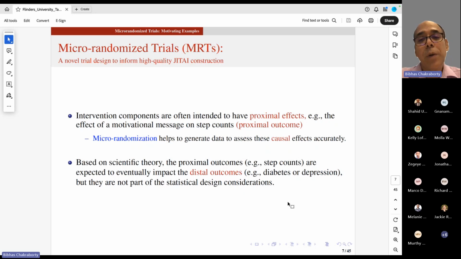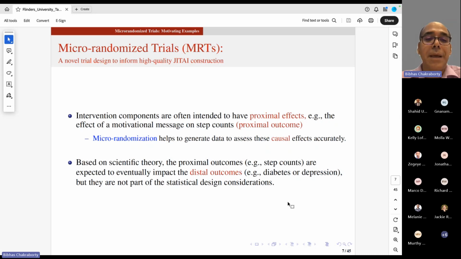Now, you might be wondering, is that proximal outcome the end of the story for these interventions? Of course not. Of course, we have distal or long-term outcomes. So for example, suppose you are promoting exercise among patients with diabetes and depression and so on, right? Some hard clinical outcomes. So those are the distal outcomes that we really care about.